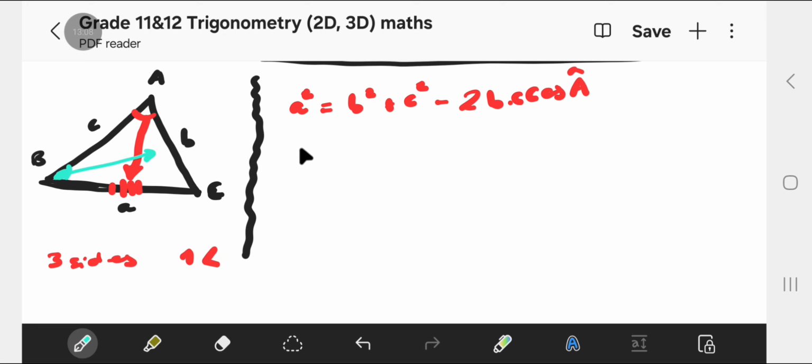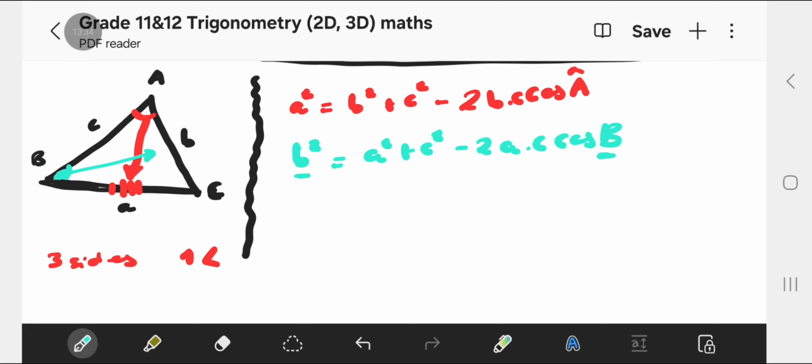So b squared will be equivalent to a squared plus c squared minus 2ac cos of angle B. So whatever side you're trying to find must be opposite to the angle that you are already having.